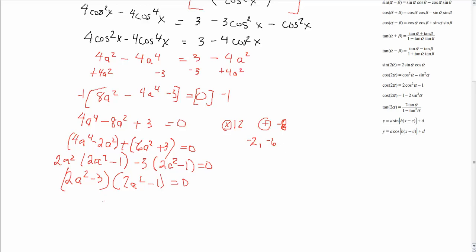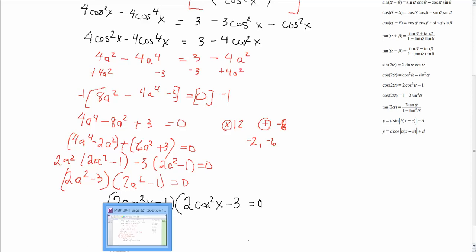So now I'm going to rewrite this with my cosines. I just chose to use a instead of cos x because it looks a little more familiar, but all of this work could have been done using just the cosines. So we have 2 cos squared x minus 1 times 2 cos squared x minus 3, and that's all equal to 0.